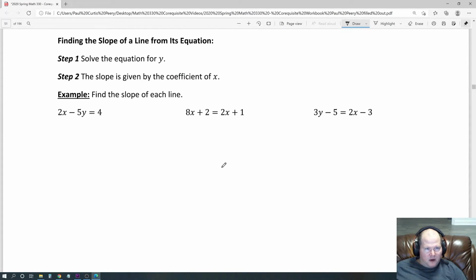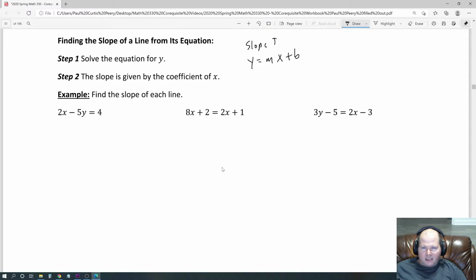Find the slope of a line from its equation. So when we find the slope of a line from its equation, we're going to use something called the slope-intercept form of the equation, slope-intercept.